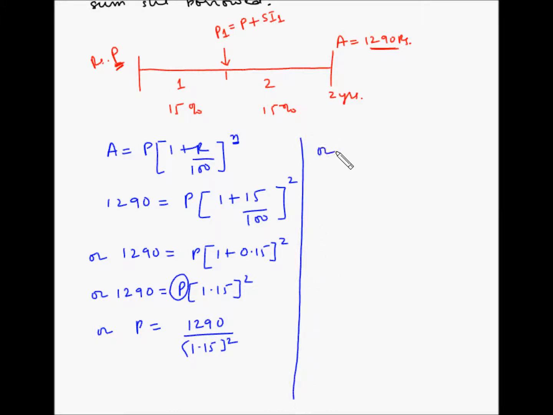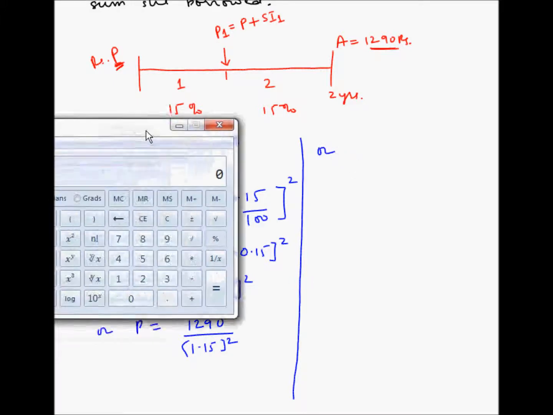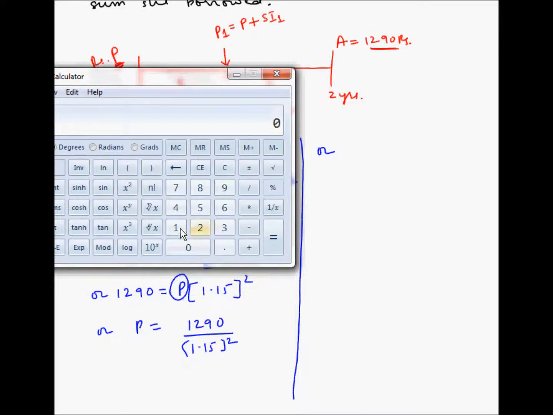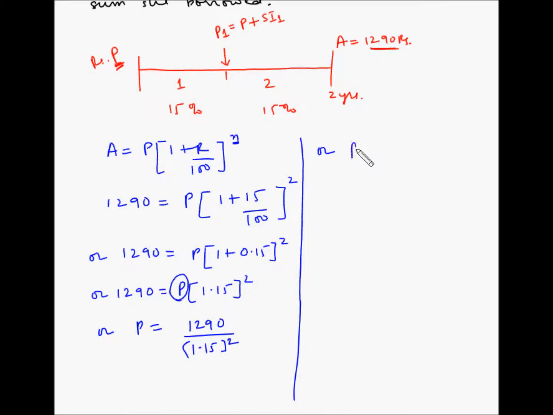so let me pull my calculator here. So 1.15 squared, this is 1.3225. So P is equal to 1290 divided by 1.3225. So let's find this out.